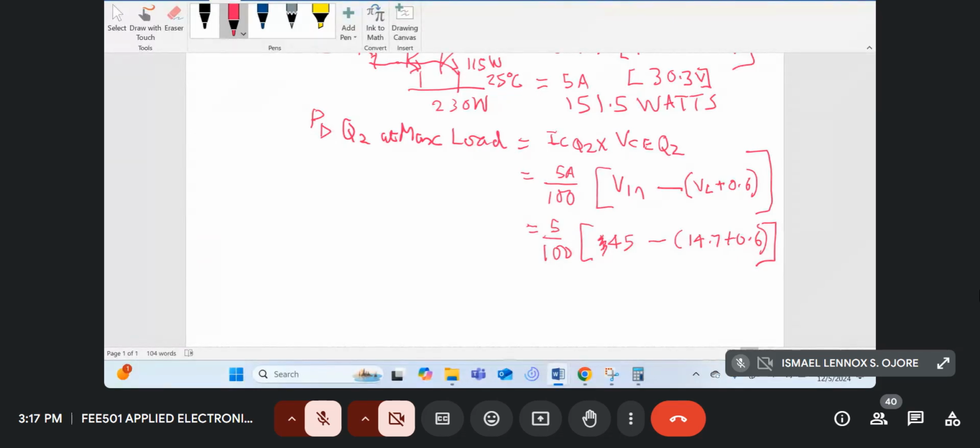That is 14.7 plus 0.6, 15.3. So this square bracket is 15.3 volts, and the output is in amps. So this will be 5 amps times 15.3 divided by 100. And the power you get is 0.765 watts.